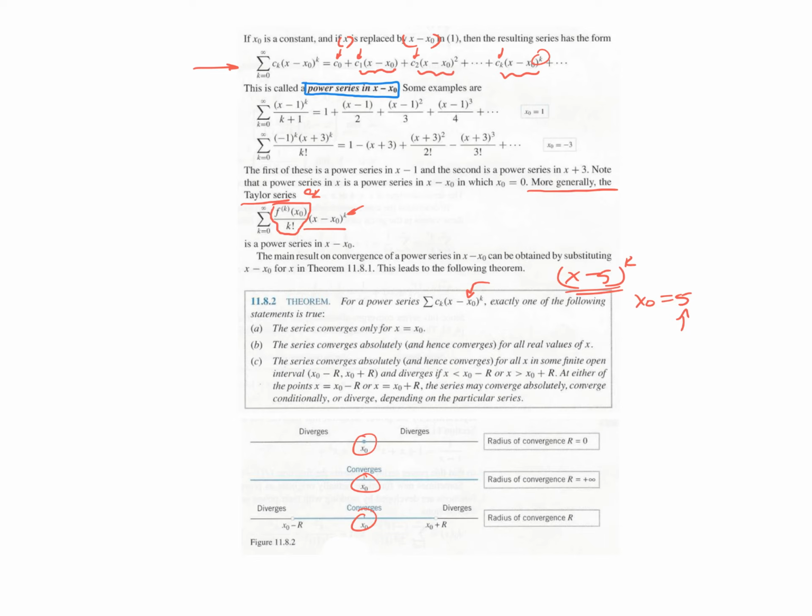Guaranteed it will converge at x sub 0, whatever that is, but your job is to find out how far beyond that, if at all, does the radius extend? And again, your cases are, it converges only for that value, which it definitely will. It converges absolutely, so you know what the game is, ratio test for absolute convergence, etc. For all real values of x or some finite interval.